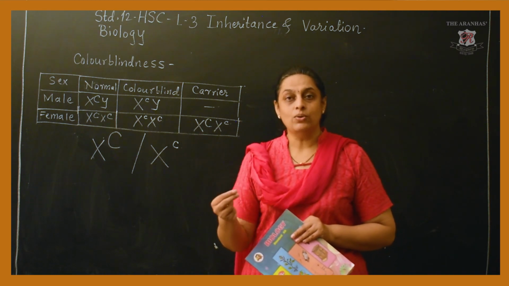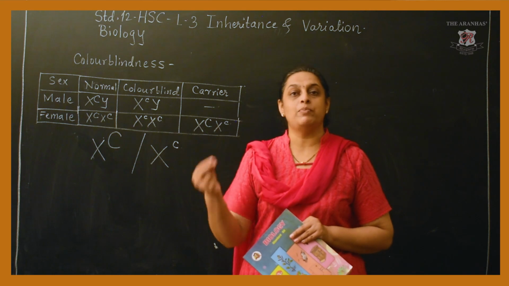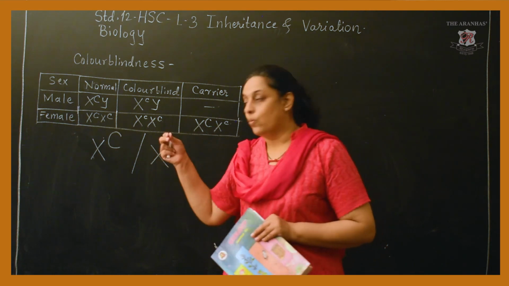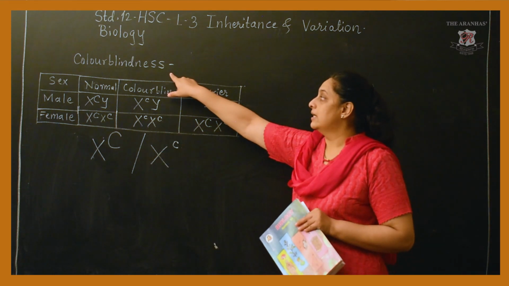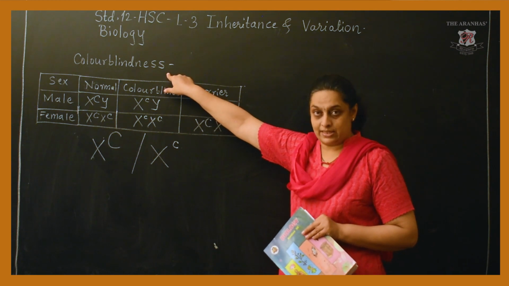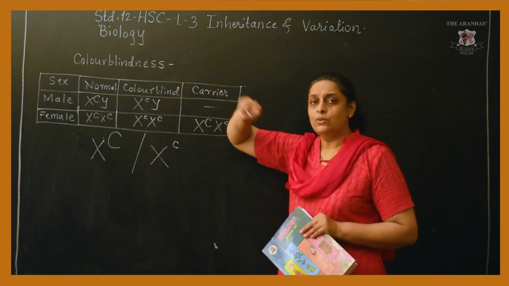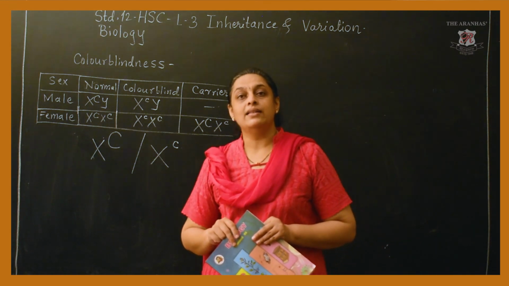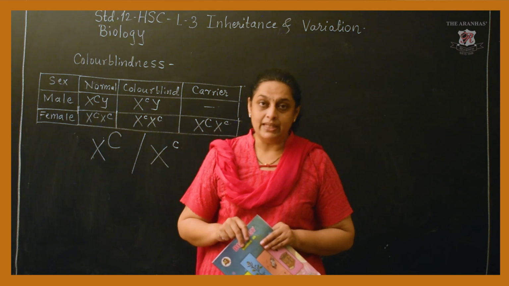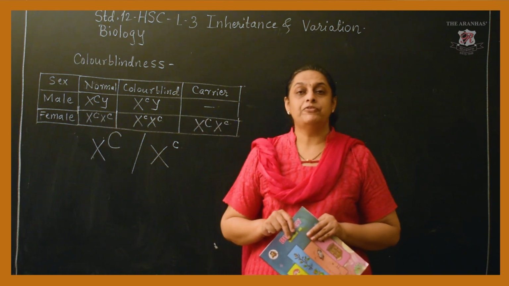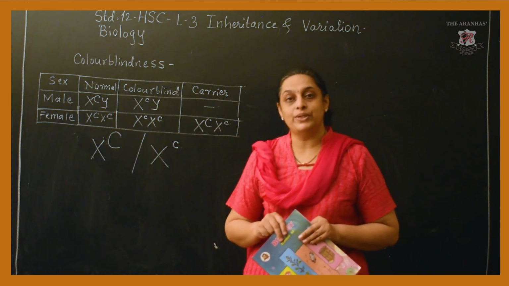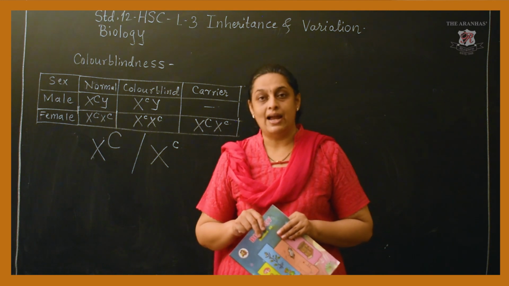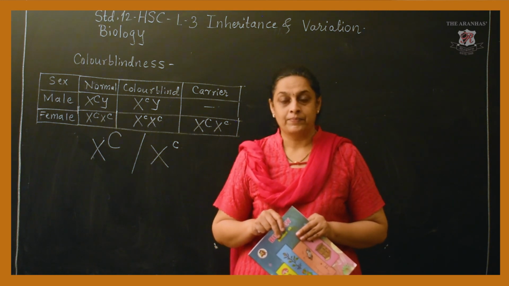So this is how the inheritance takes place. And one example is color blindness. This color blindness is red and green color blindness, meaning the person fails to distinguish between red and green color.